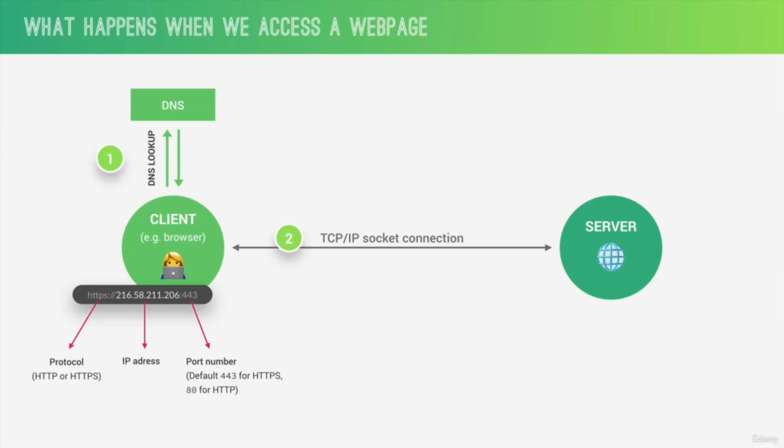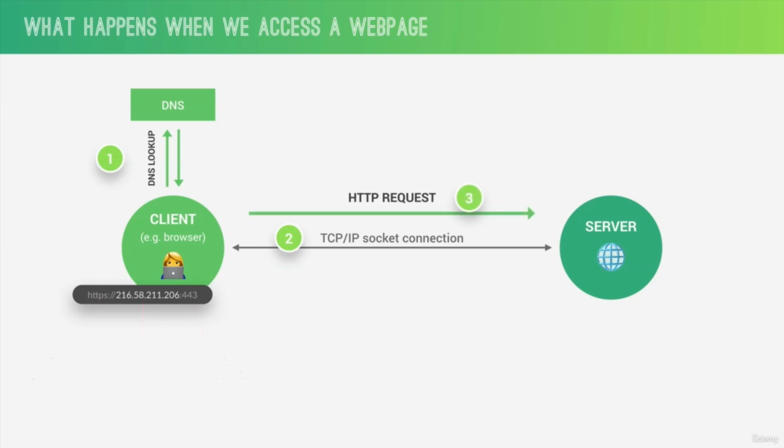Anyway, now it's time to finally make our request. And the request that we make is an HTTP request, where HTTP stands for Hypertext Transfer Protocol. So after TCP/IP, HTTP is yet another communication protocol.